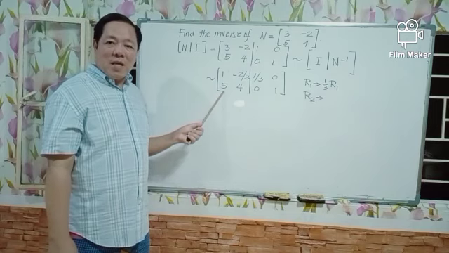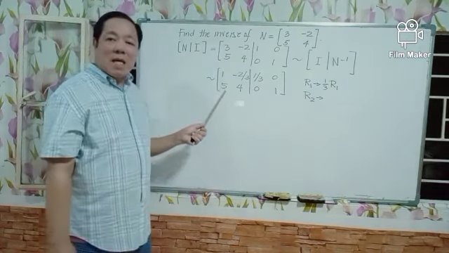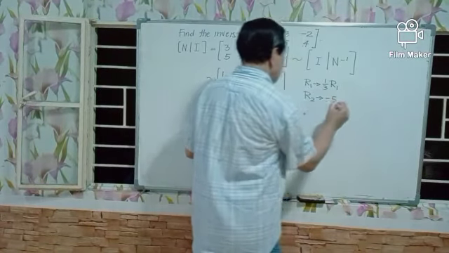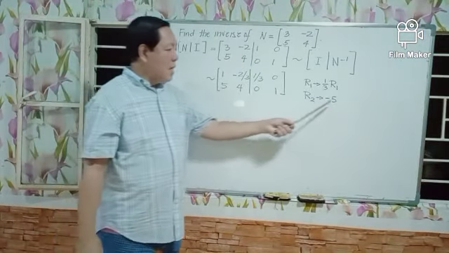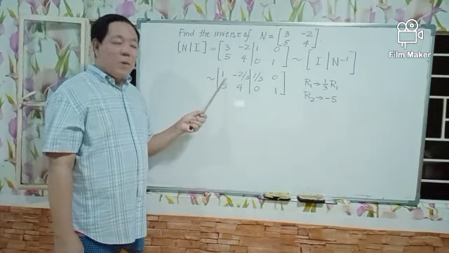Always take the negative of the number to be changed to 0. So 5 would be negative 5. And multiply negative 5 by row 1 where we have 1.